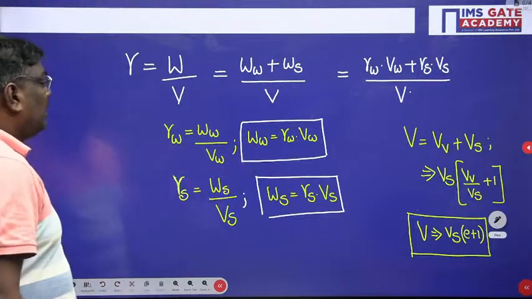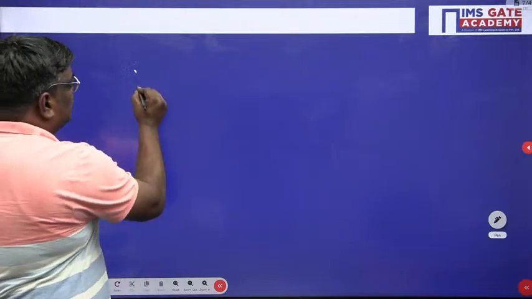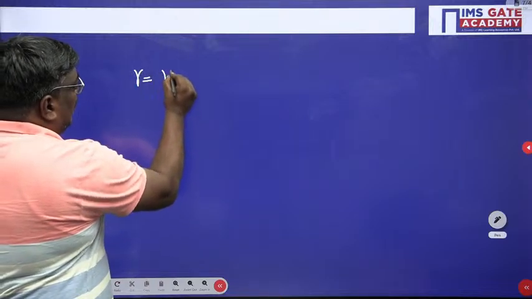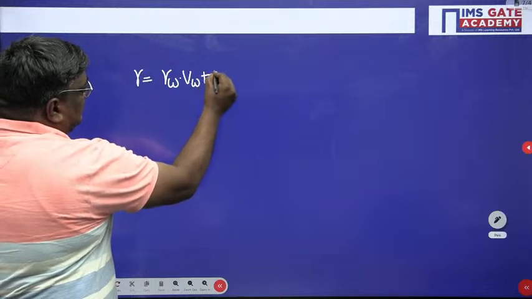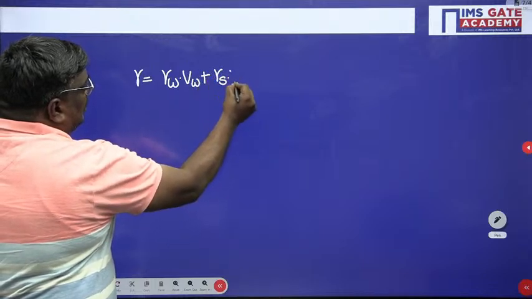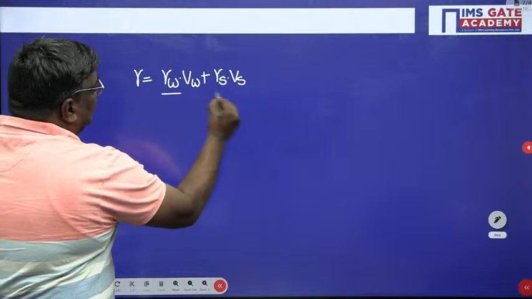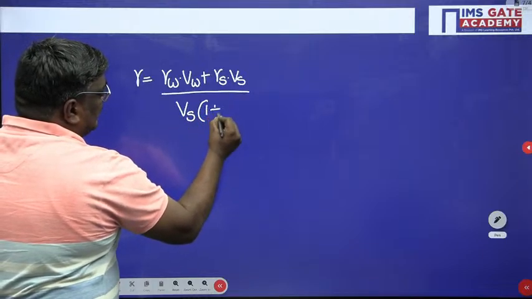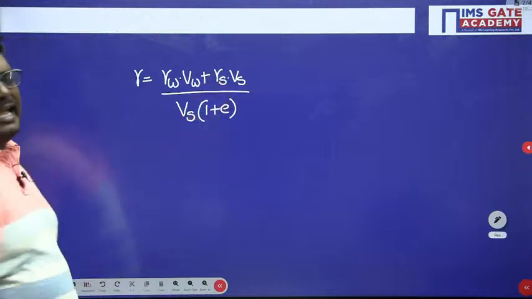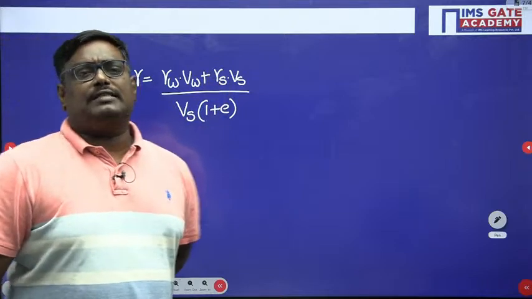So next we'll go here, and now if you substitute, gamma is equal to gamma W into VW plus gamma S into Vs upon, you can write total volume as Vs into 1 plus e. Now my dear students, I'll take gamma W and Vs as common.